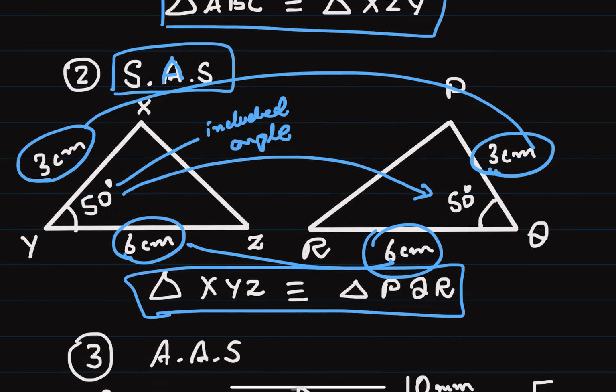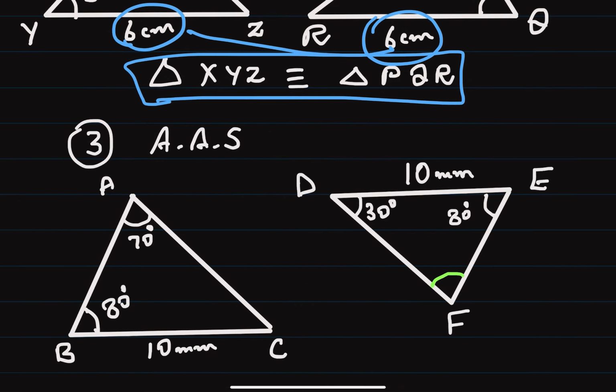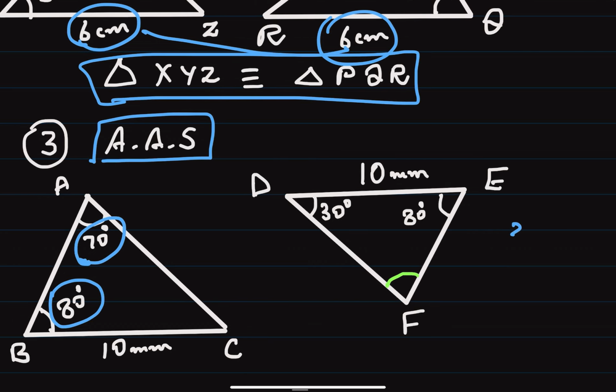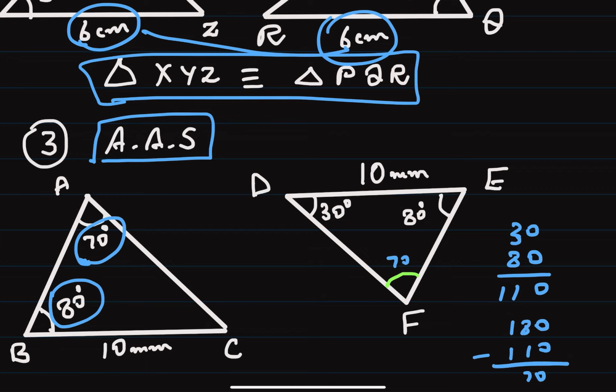Property number three, that is two angles and one side. If two angles we have here, we can find out this angle, right? It's 30 plus 80 is 110. And 180 minus 110 is equal to 70, that means this angle is 70.